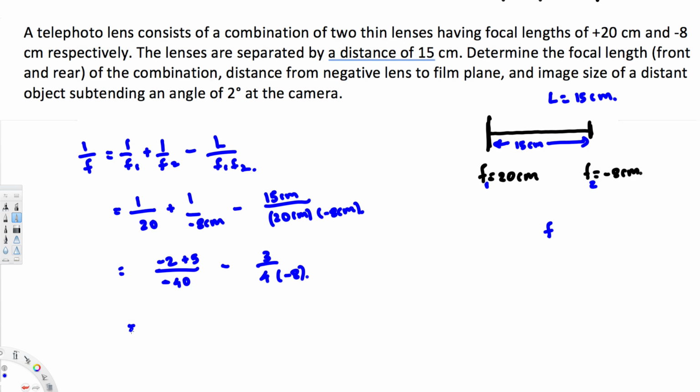This becomes negative 7 over negative 40, and here we have 3 over negative 32, and let's see whether we can simplify further.